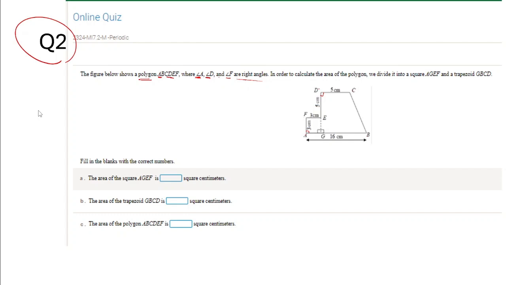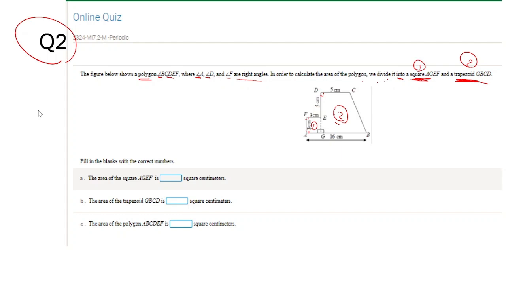This one, A and D and F. Okay, in order to calculate the area of the polygon, we divide it into a square and a trapezoid. So this is a square, number 1, and trapezoid, this is number 2.